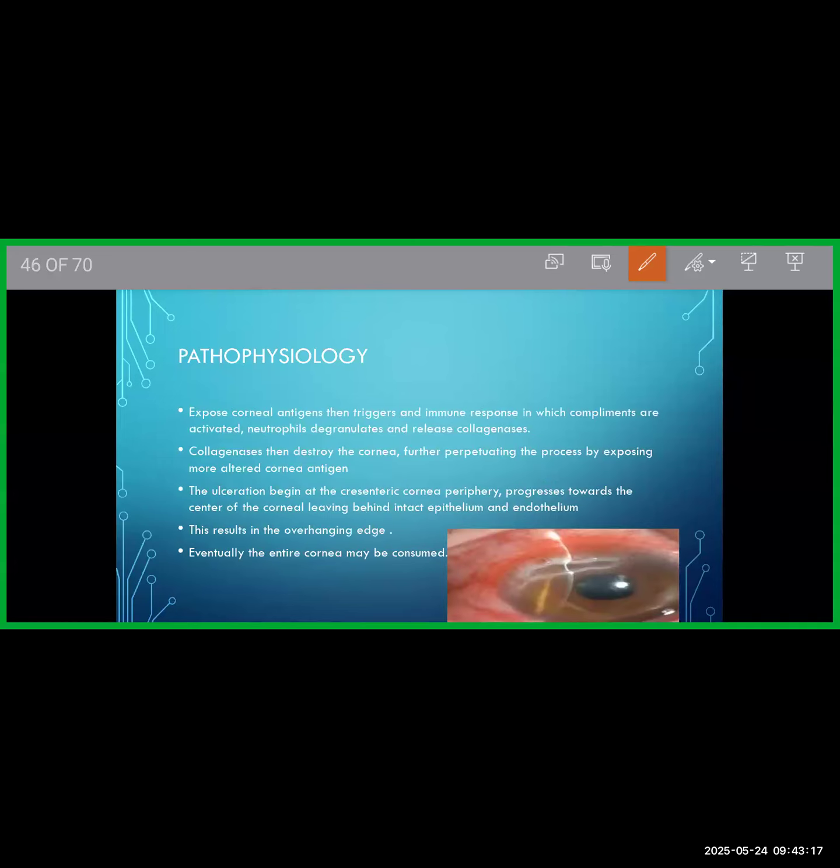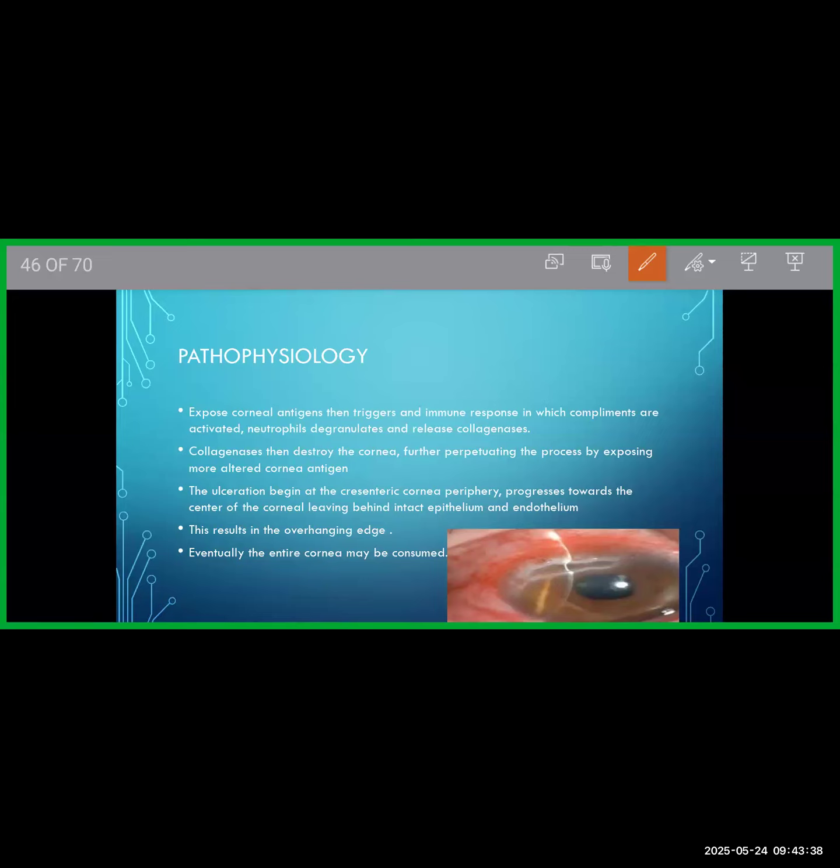Now, this exposed corneal antigen then triggers an immune response in which complements are activated, and neutrophils degranulate and release collagenase. This collagenase destroys the corneal stroma, thereby resulting in the ulceration that is seen.